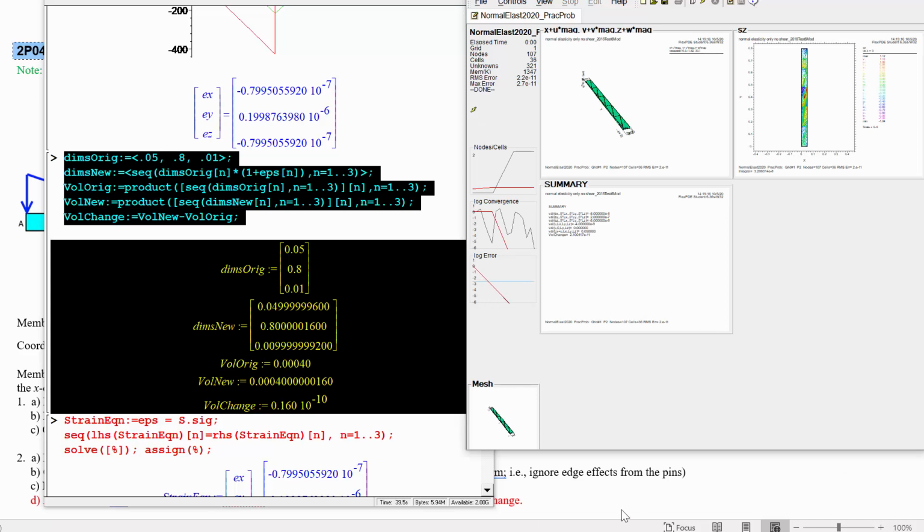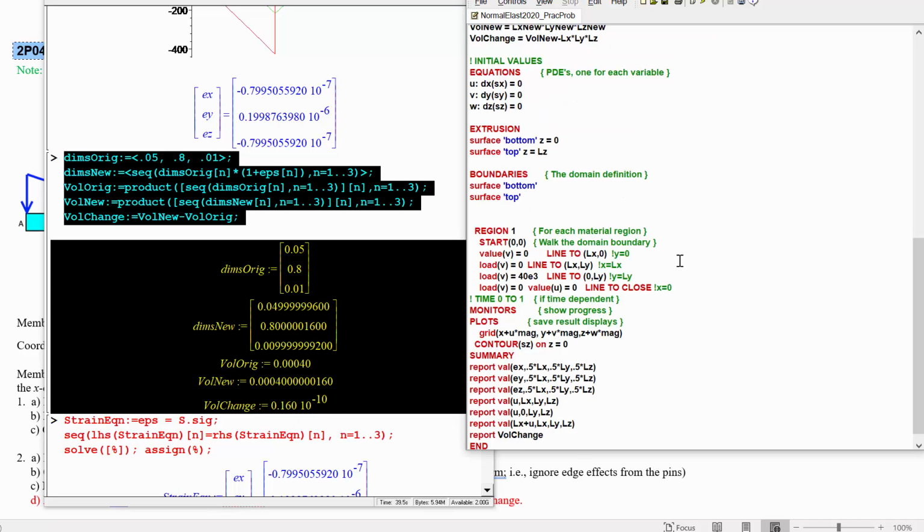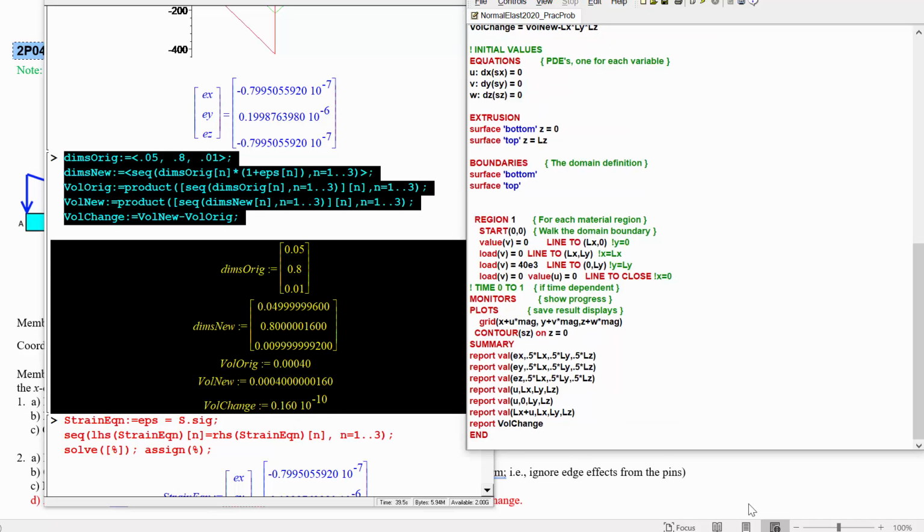Report vol change. Let's see. Do we have the precision to calculate this? It looks like we do, but it is not exactly equal to what we found in Maple. It's on the same order, but not quite exactly the same. Let's see if we can clarify this. What's going on in Z?